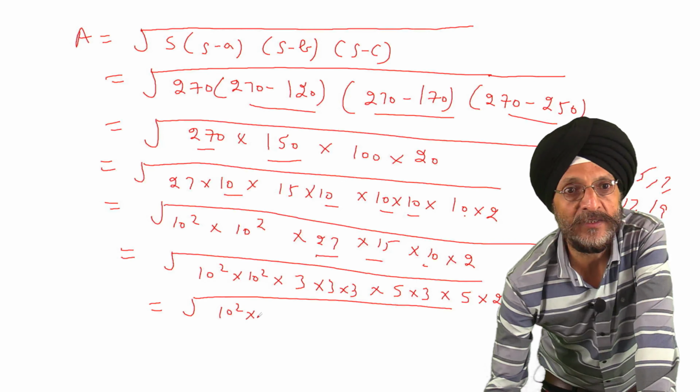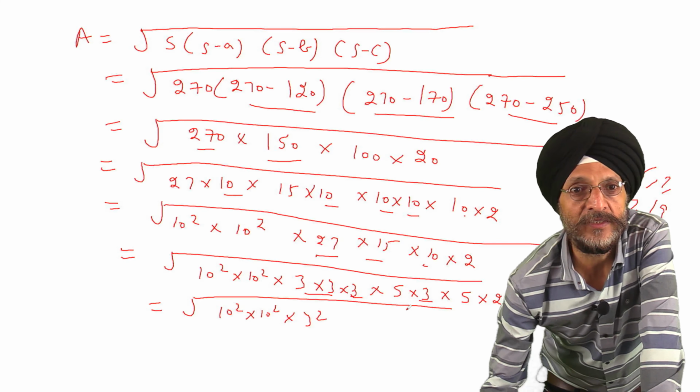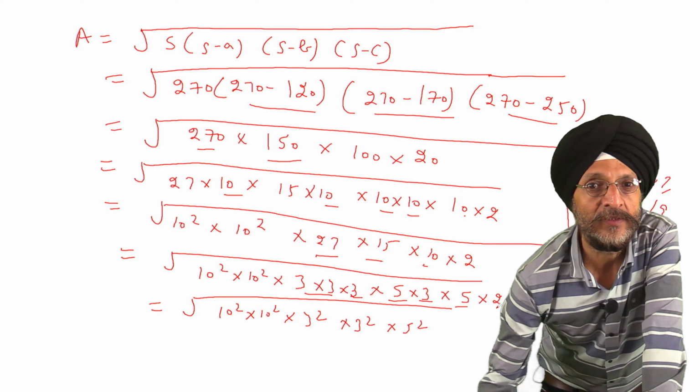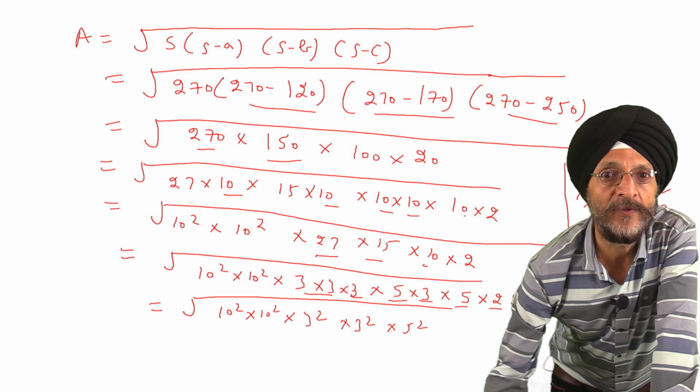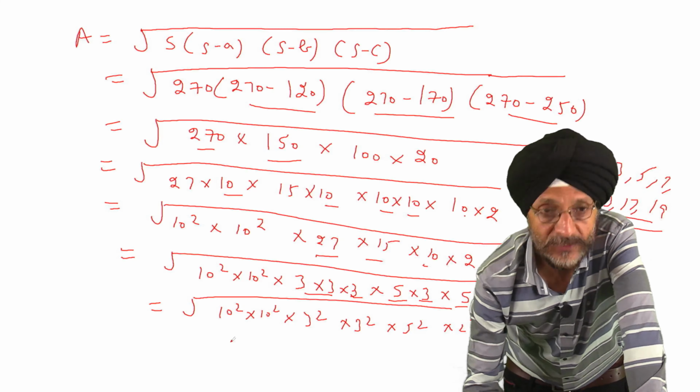This is 10 square. This is 3 square. This is 3 square. This is 5 square. This is 2 square.